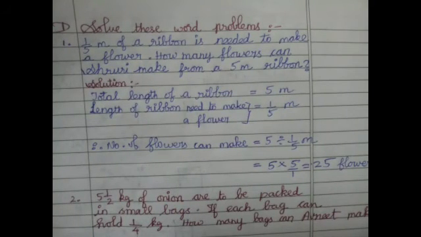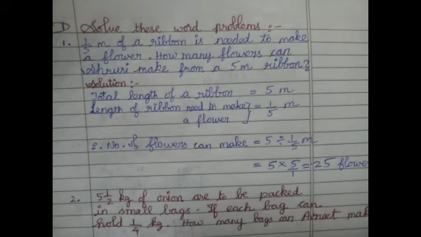D Roman letter, solve. First one is: 1 by 5 meter of a ribbon is needed to make a flower. How many flowers can Shruti make from the 5 meter of a ribbon? Solution. Total length of the ribbon is 5 meter. Length of ribbon needed to make a flower is equal to 1 by 5 meter.